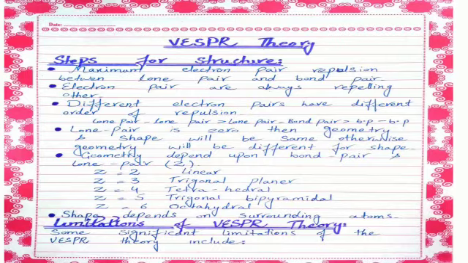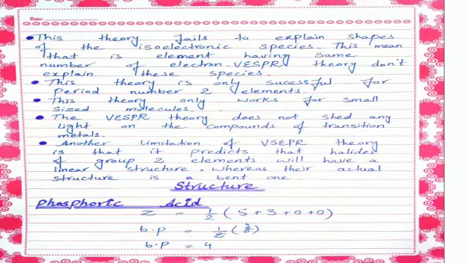Then we discuss the limitations of VSEPR theory. Some significant limitations include: this theory fails to explain shapes of isoelectronic species, meaning species having the same number of electrons. This theory is only successful for period 2 elements.